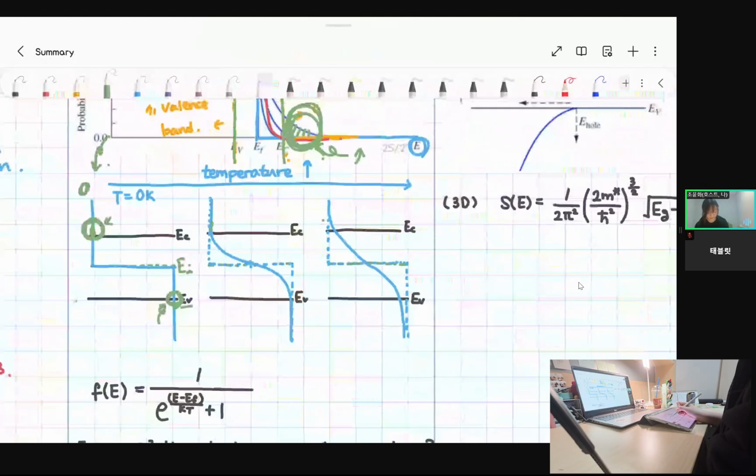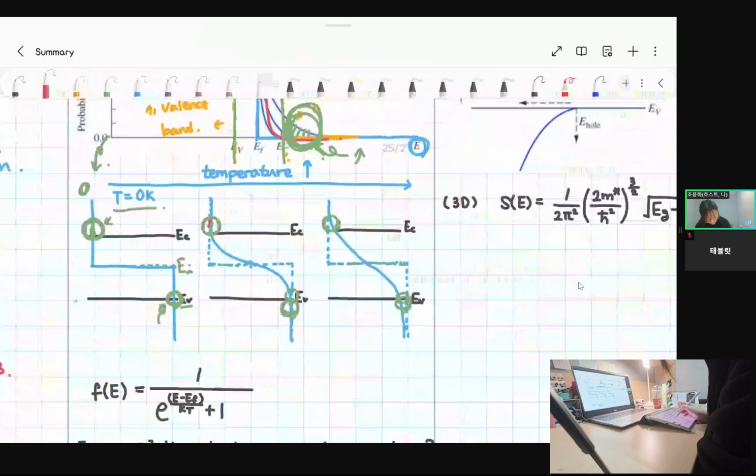But when the temperature increases, we can see this edge compared to when the temperature is 0 Kelvin.